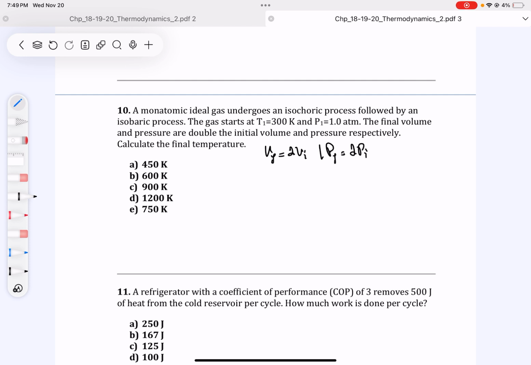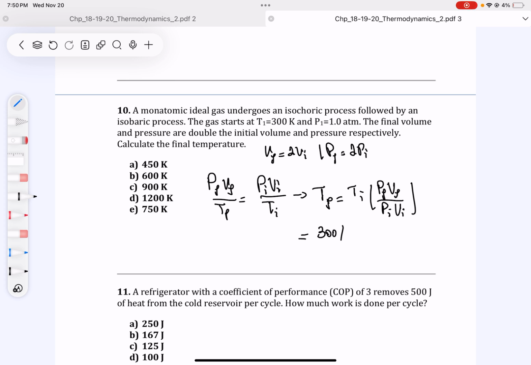Because it's an ideal gas, we can use that P final V final over T final is equal to P initial V initial over T initial. Okay. Then T final is just T initial times P final V final over P initial V initial.